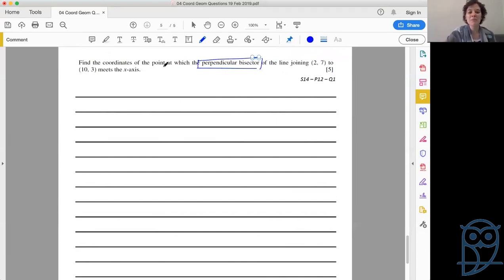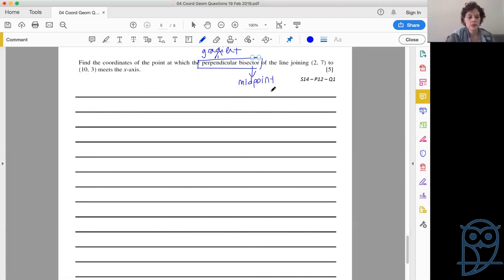Find the coordinates of the point at which the perpendicular bisector of the line joining (2, 7), (10, 3) meets the x-axis. Perpendicular, he's triggering gradient. Bisector means directly, exactly, precisely in half. So, midpoint. So, we have a whole lot of words here.